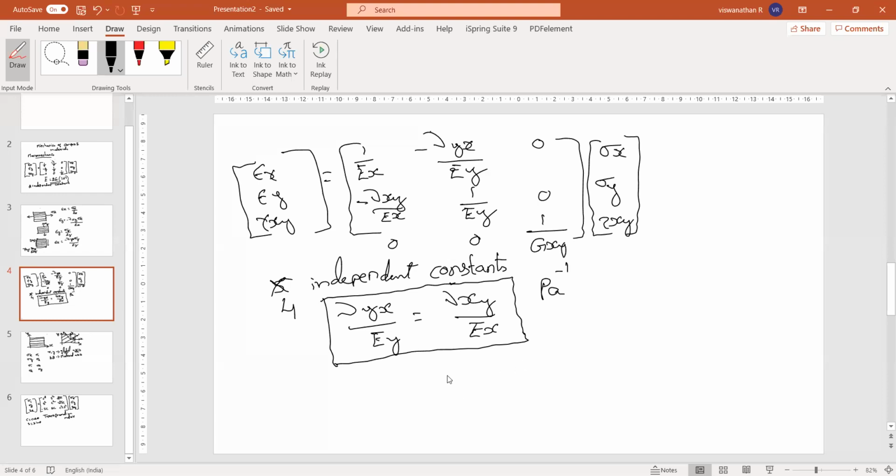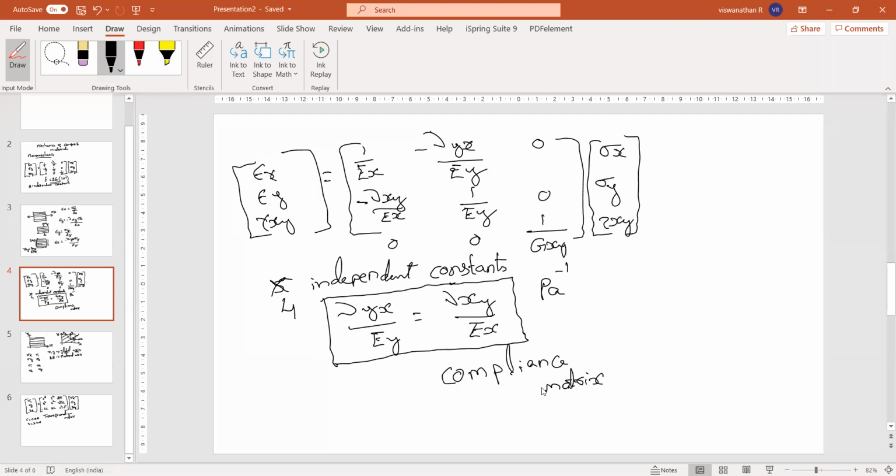Now I use another word called compliance. This matrix is called the compliance matrix. Why is it called compliance matrix? What do you mean by comply in normal English? To follow a rule.